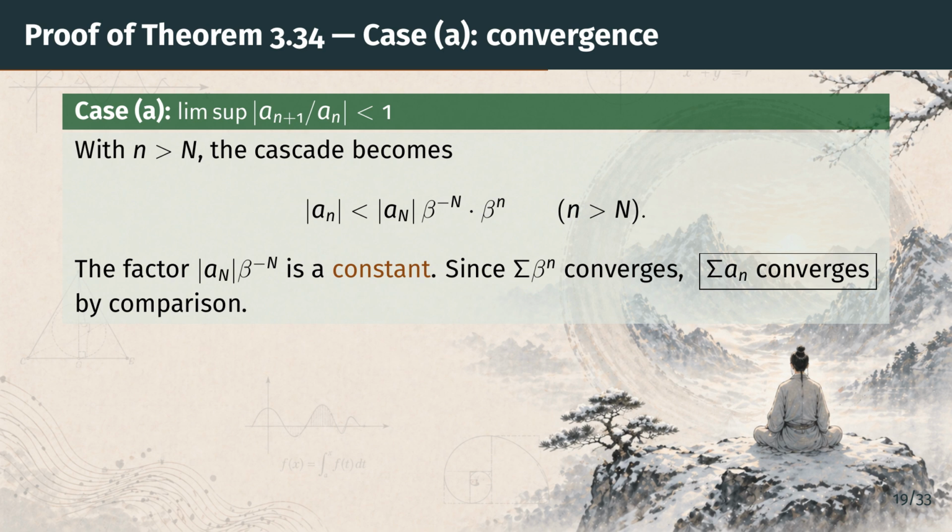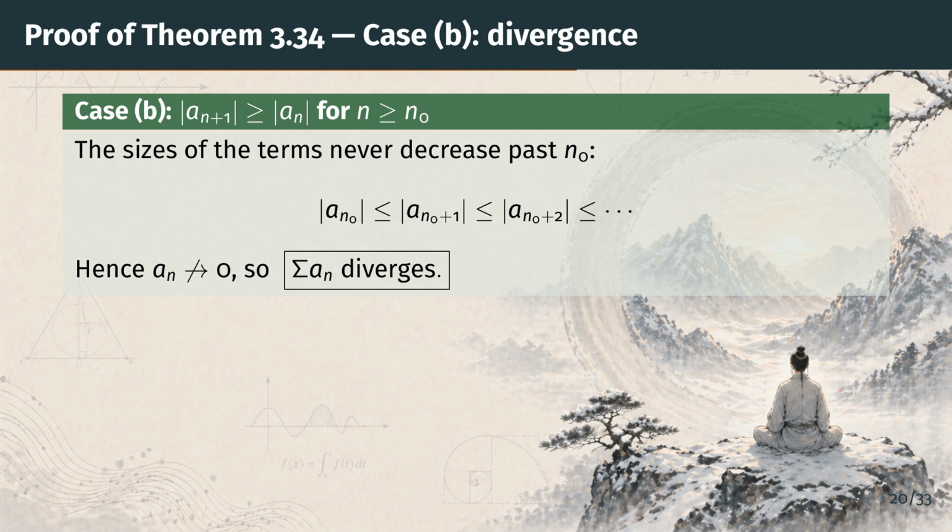Next, divergence. For divergence, suppose that from some index n sub 0 on, each term is at least as large in absolute value as the one before it. Then the sizes of the terms never decrease from that point on. A sequence whose terms never shrink in size cannot tend to 0 unless they were already 0, which would make the ratio undefined.